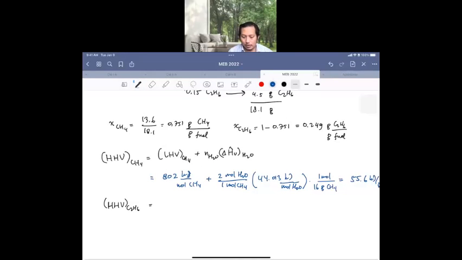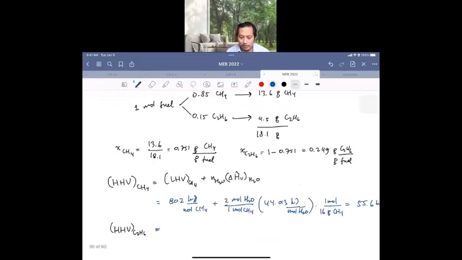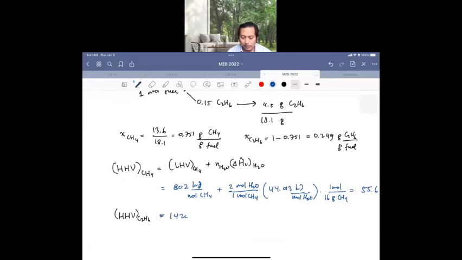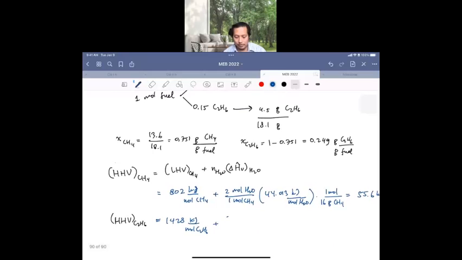This will be the lower heating value of the ethane. This will be 1428, which becomes positive. And this is 3 moles of H2O per 1 mole of ethane, and the heat of vaporization of water.